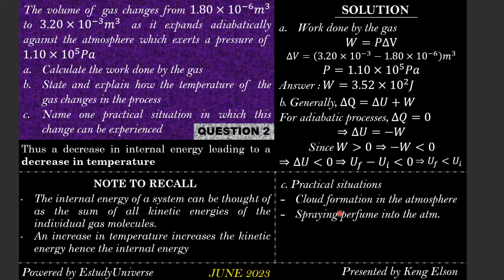The second one is spraying perfume into the atmosphere. When you spray perfume into the atmosphere, this process occurs. And lastly is a rapid escape of gas from a burst balloon. If you fill a balloon with air and then you burst it, gas is going to be escaping from the balloon because you have burst it, and this process is going to occur again.